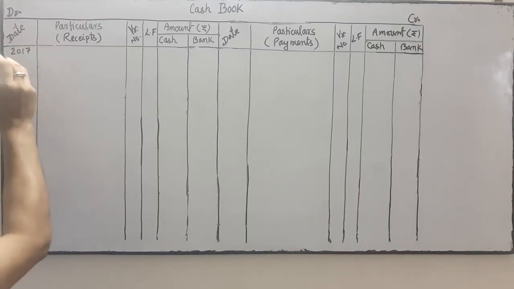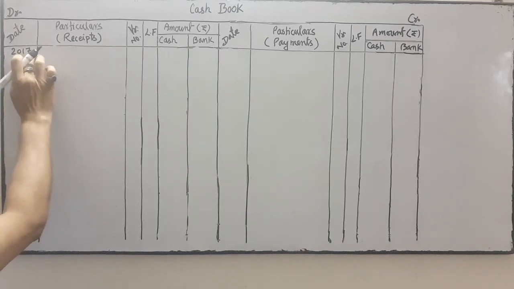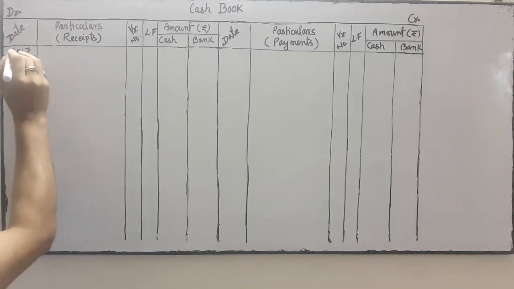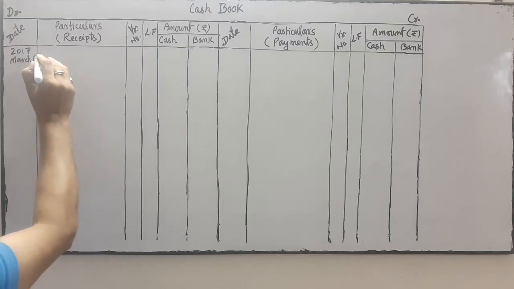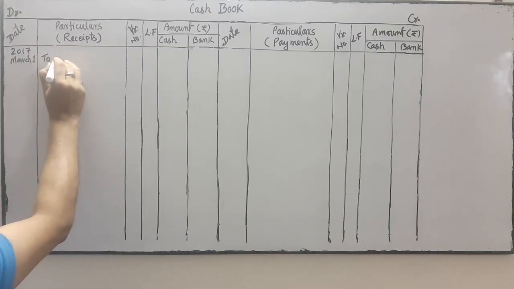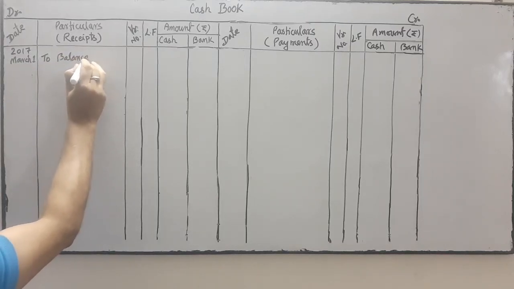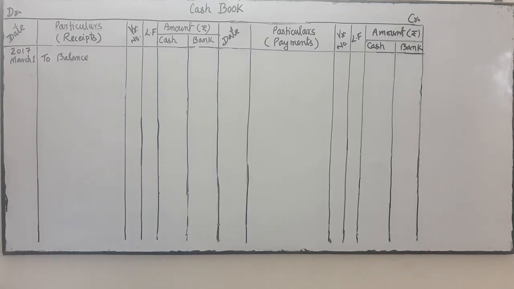See the question. The first entry is on March 1st. Cash in hand 15,000 and bank 8,000. So it's an opening balance which is brought down from the previous month's balance, meaning February 28th.